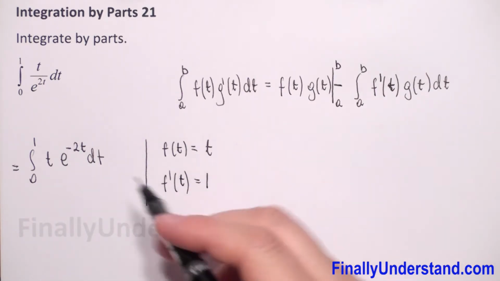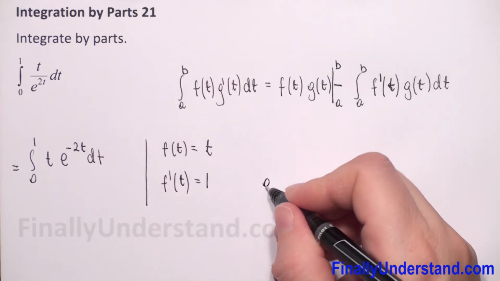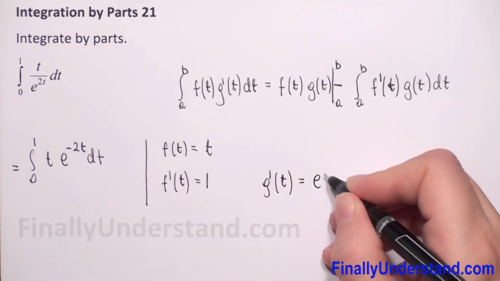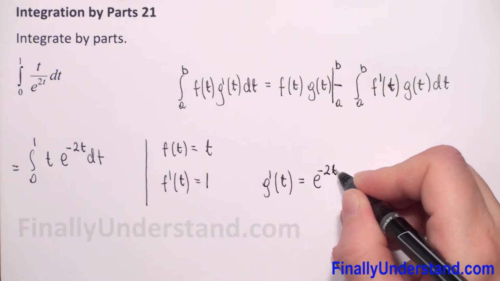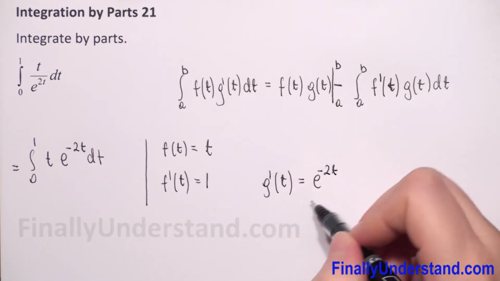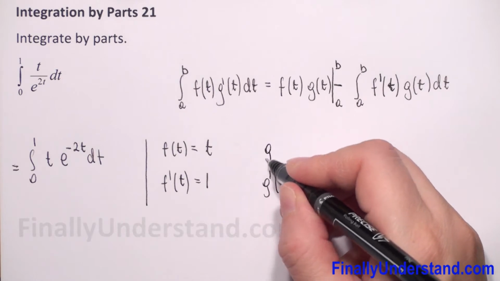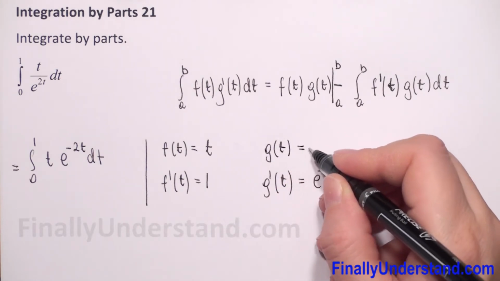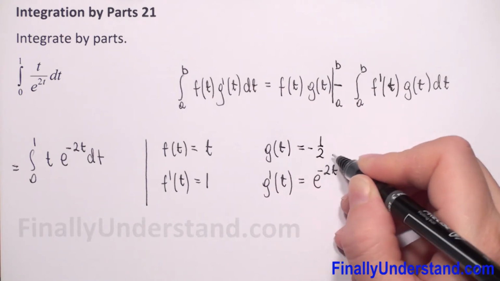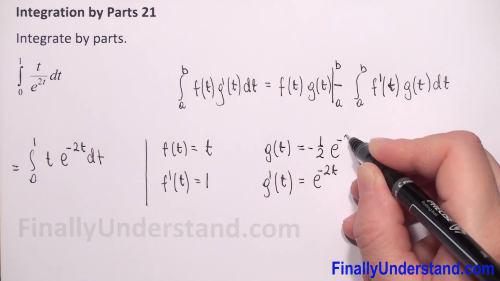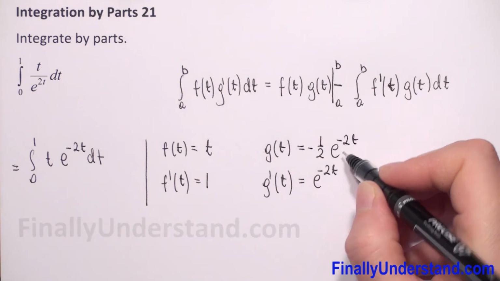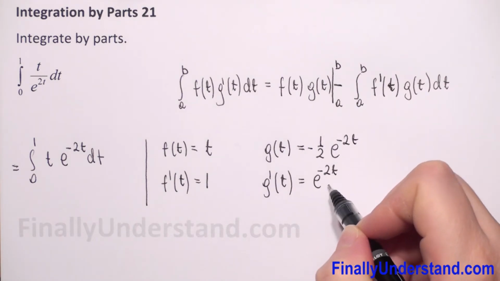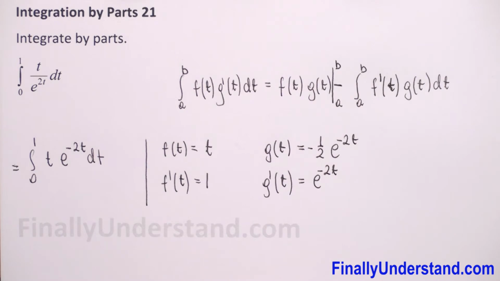And whatever is left, we have g prime of t is equal to e to power negative 2t. Now we need to find the antiderivative, so g of t is equal to negative 1/2 times e to power negative 2t. You can always check: when you take the derivative of this expression, you should get g prime.